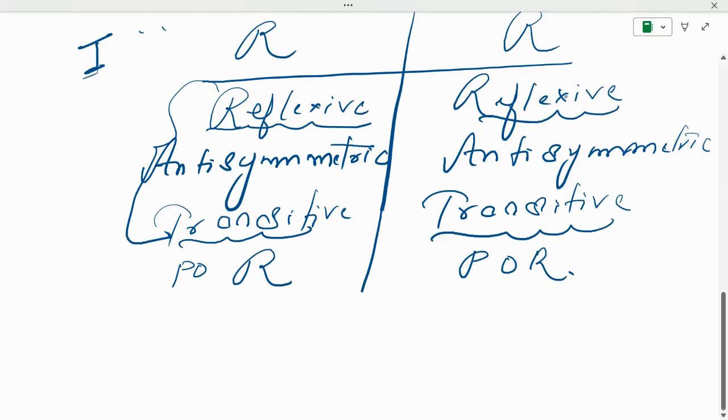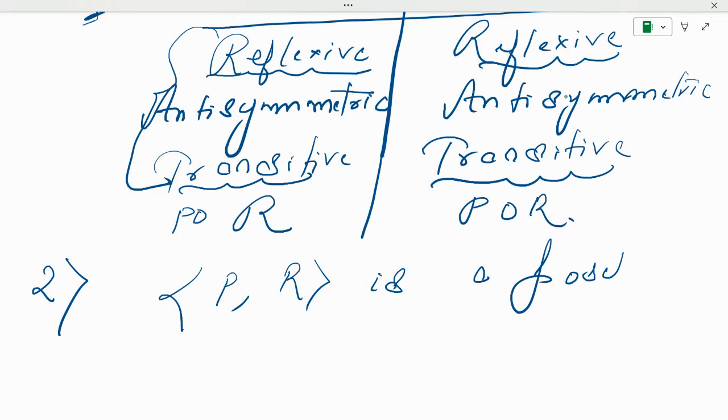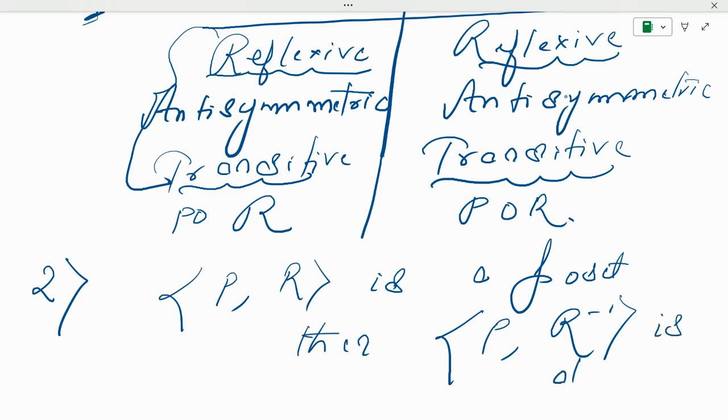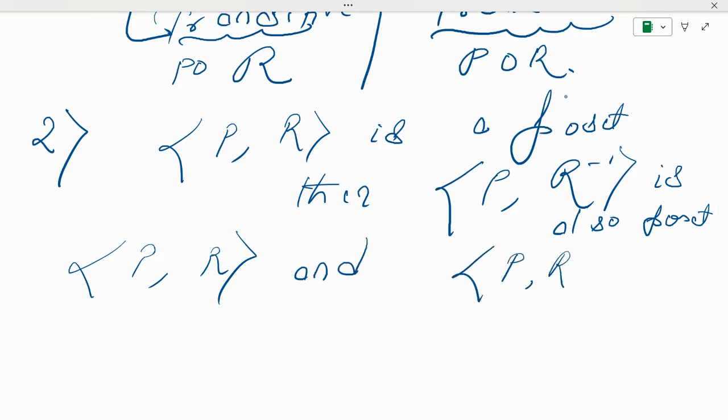Now, the second result: if (P, R) is a poset, then (P, R inverse) is also a poset, and hence we can say that (P, R) and (P, R inverse) are duals. This is a new term, duals.